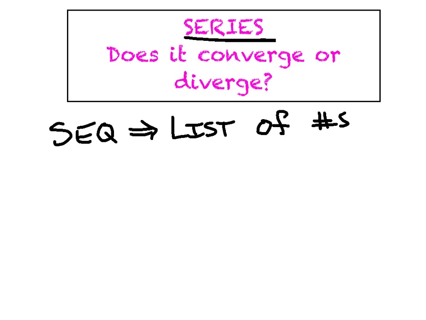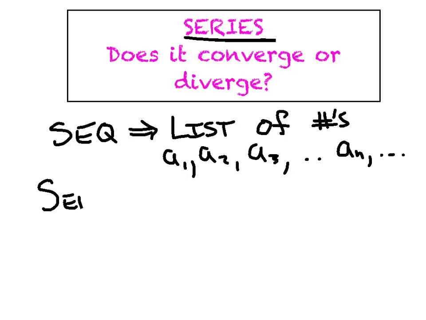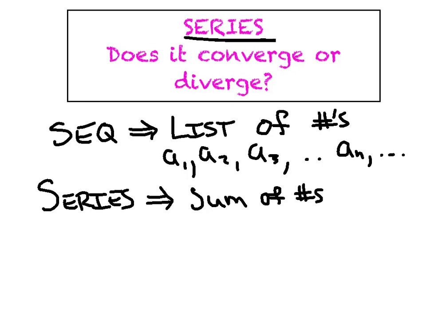We wrote them as a sub 1, comma, a sub 2, comma, a sub 3, etc., the nth term, etc., to show that it went on towards infinity. Today, when we talk about a series, we are talking about the sum of the numbers on that list.